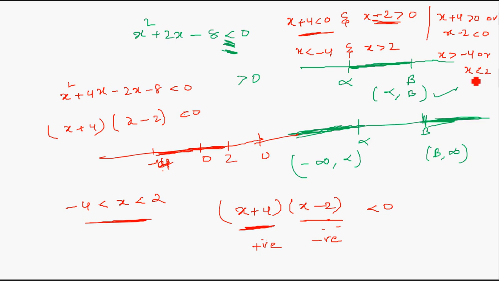Now what we will do is we will plot both of them. So minus 4 here and 2 here, this is the origin. So we will take some value 3, and we will substitute that here. So we will get 3 plus 4 into 3 minus 2, right? x is greater than 2 we have taken, so this will become 7 into 1.